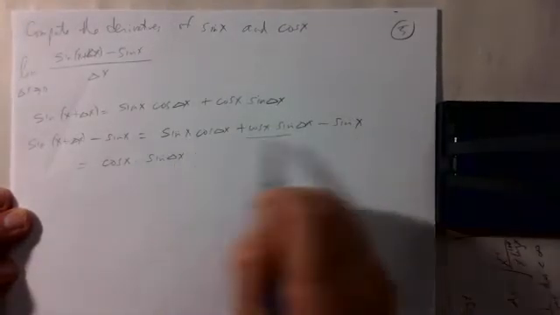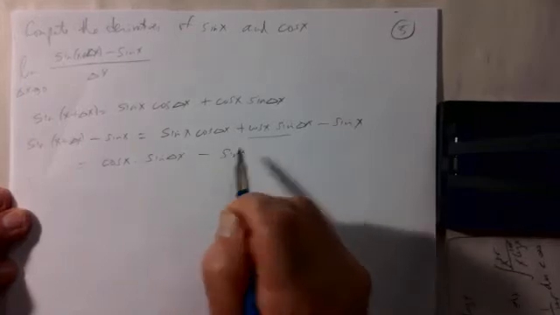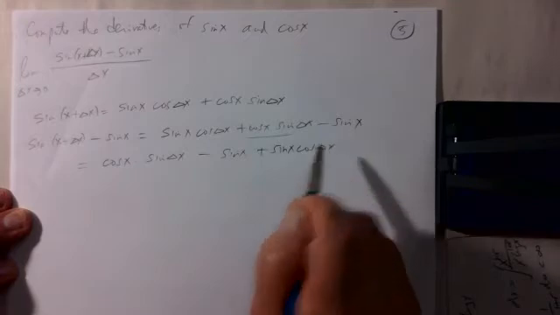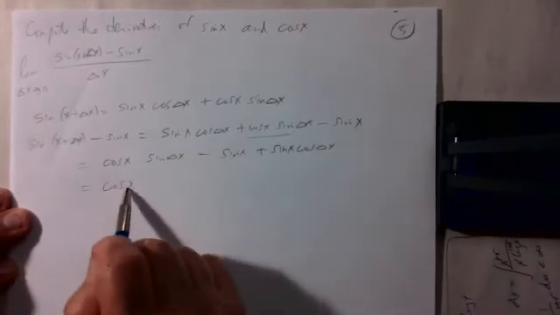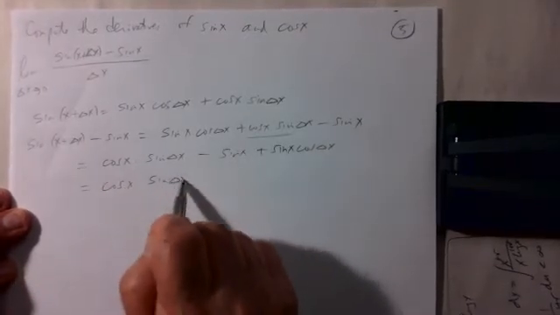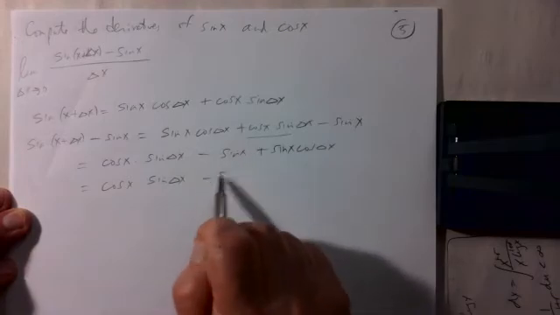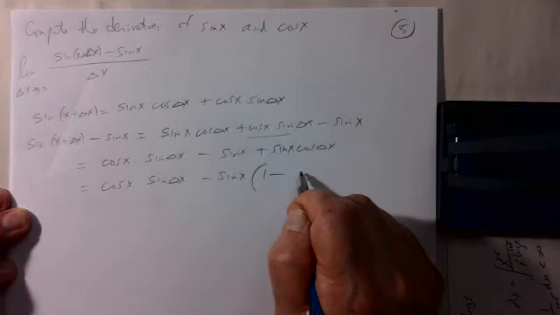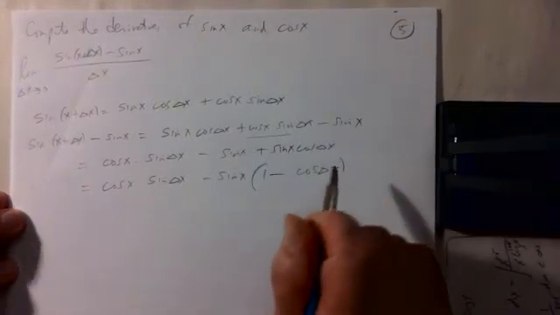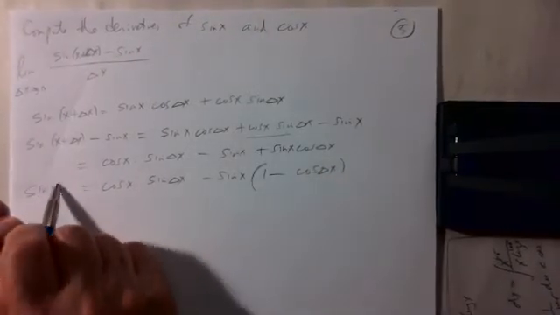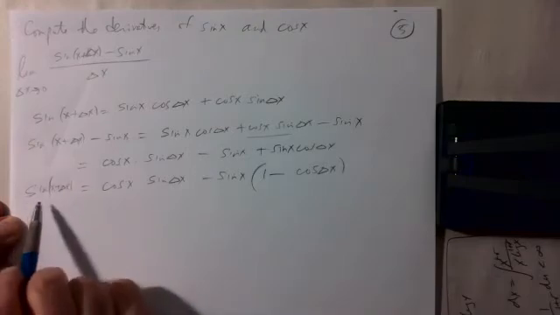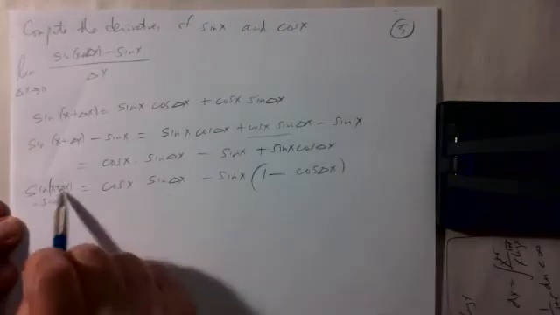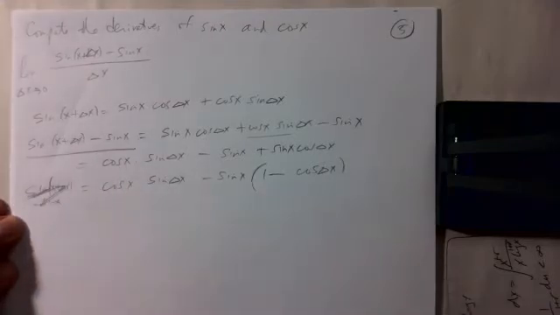And then I have a minus sine x and a plus sine x cosine delta x, and I'll factor out minus sine x from these two terms. I get 1 minus cosine of delta x. So the sine of x plus delta x minus sine x is equal to this.